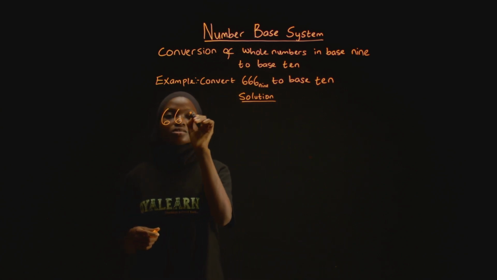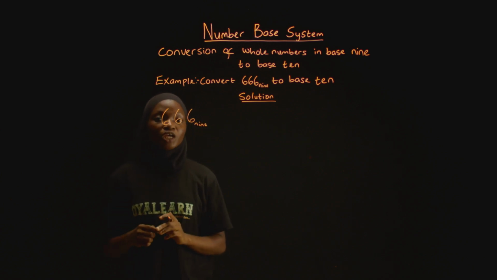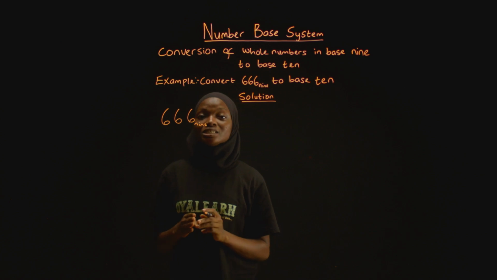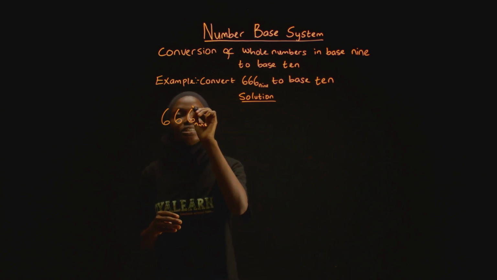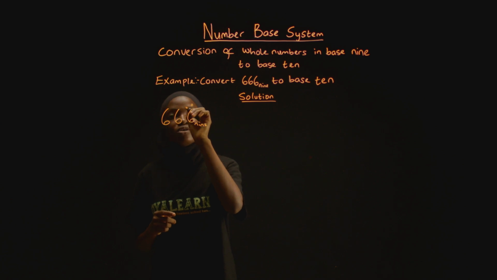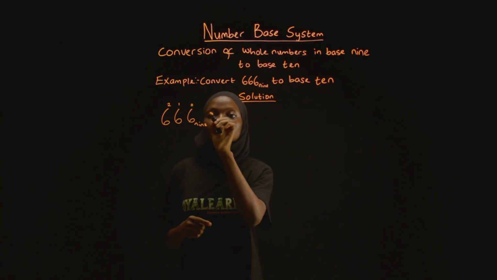666 base 9. Now the first step is to number these digits starting from 0 from the last digit. That is, the last digit will have a numbering of 0, followed by 1, 2. Now we'll simplify.